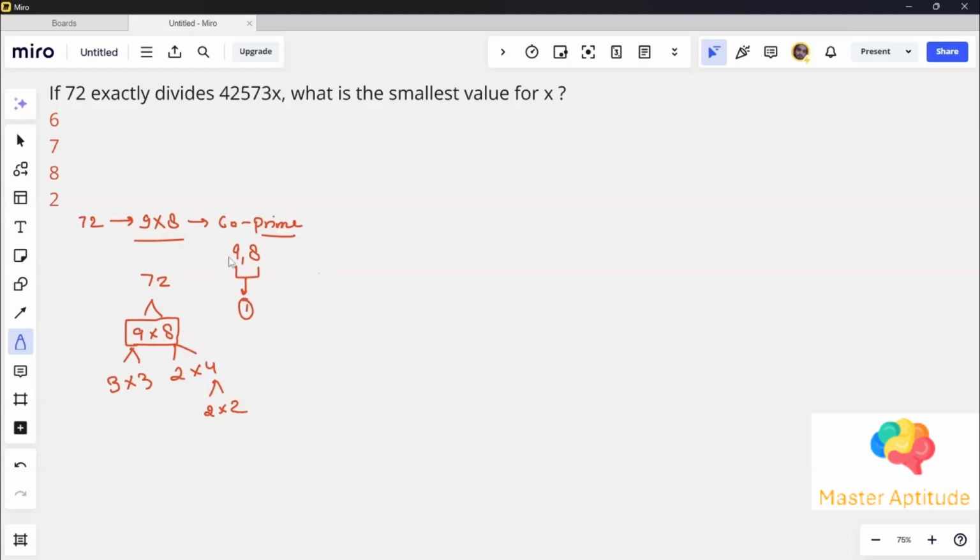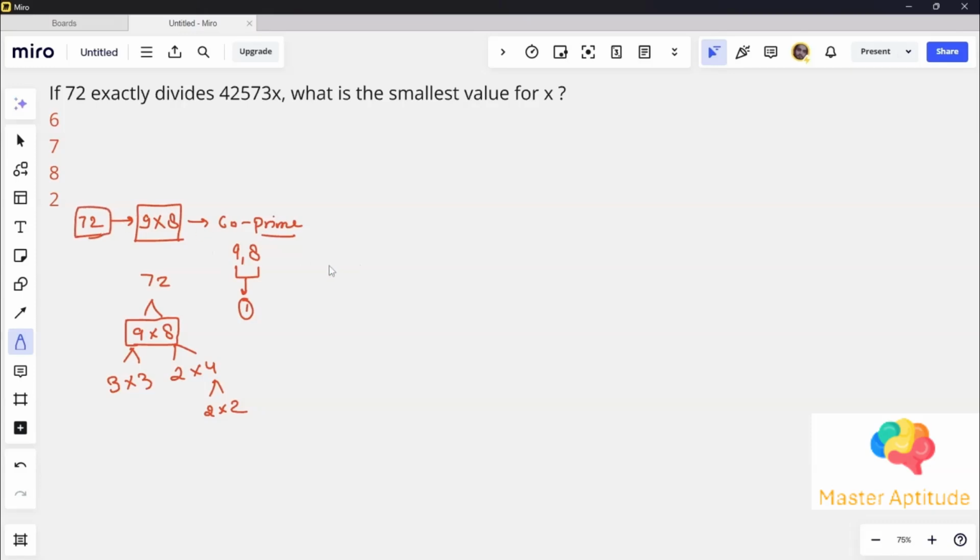So if 72 divides a number exactly, it means if 9 and 8 both divide the number, and the number is exactly divided by both of these numbers, it means that particular number will also be divided by 72.